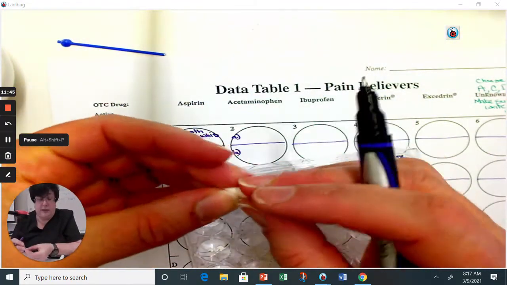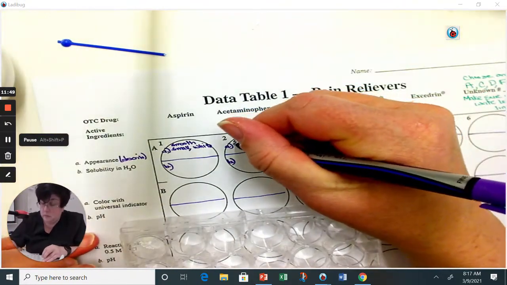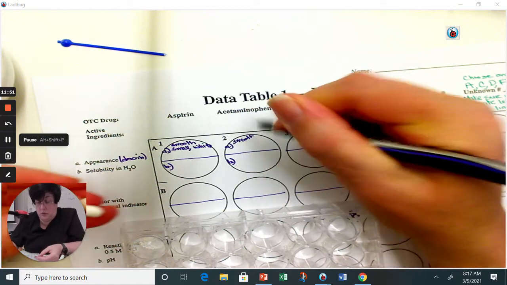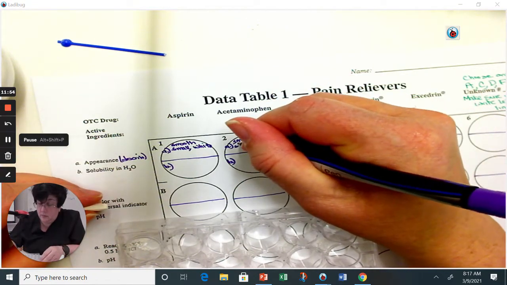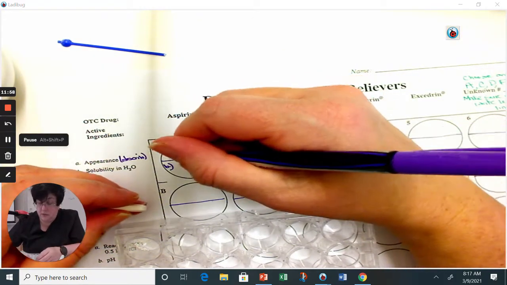Again, it's very smooth on the outside. It's kind of hard. It's a little off-white. Oh, this crushed easily.